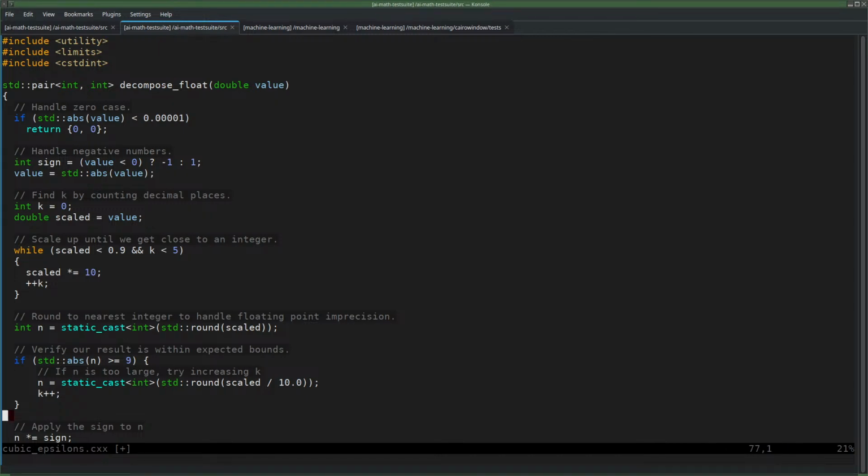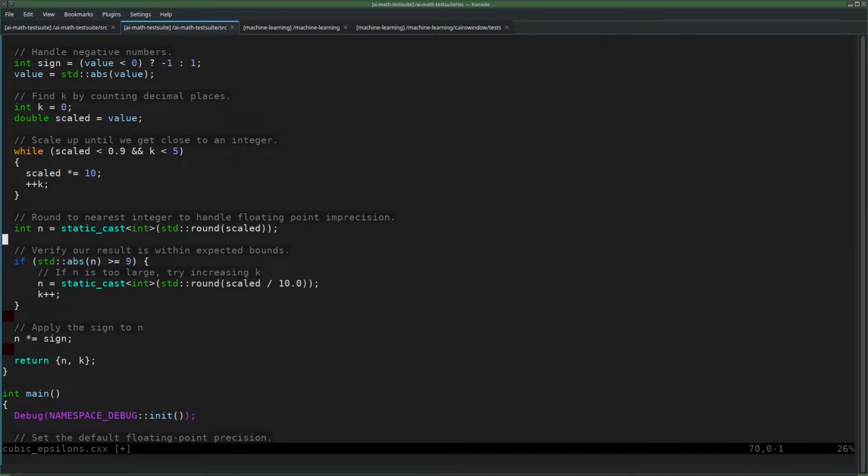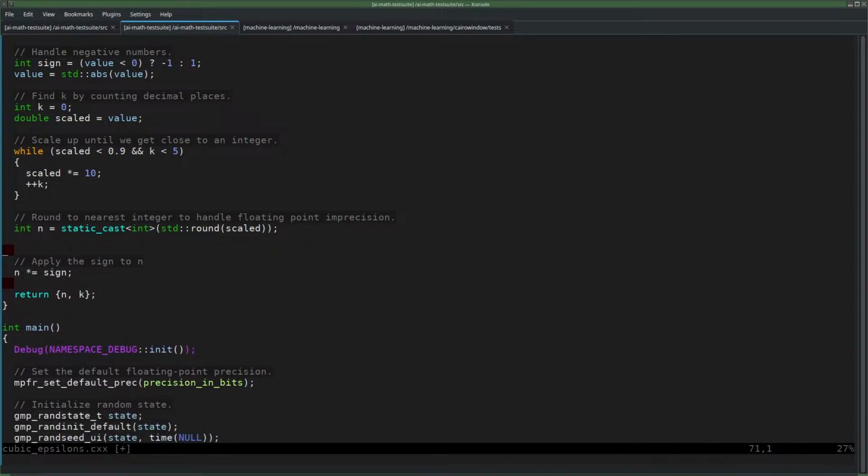And then try increasing k, it just increases k, period. How can this ever be larger than this? It's not even possible, just forget about it.